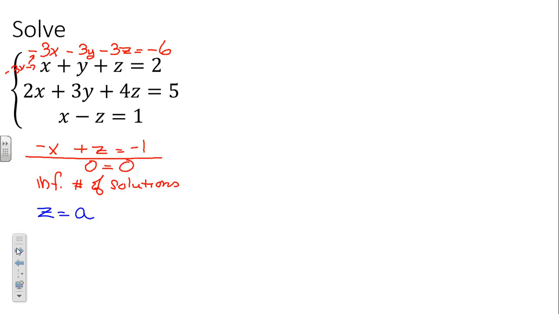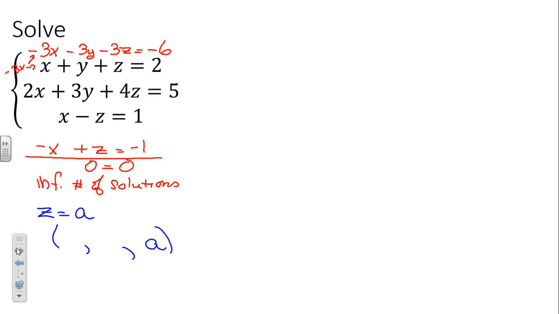Okay, this is going to be a real number. And we want to see how y and x compare to z. So if we let z be equal to a, then we're going to have an ordered triple something, something, a, where a is a real number.